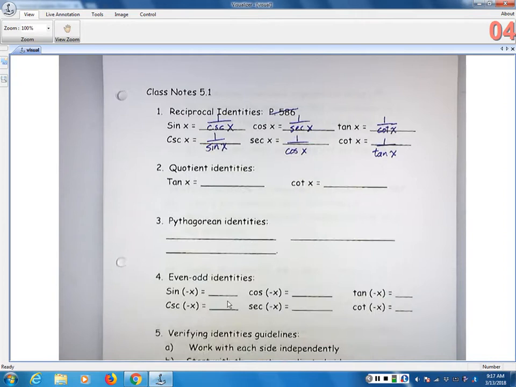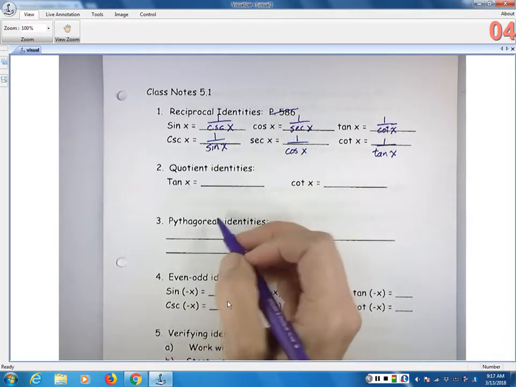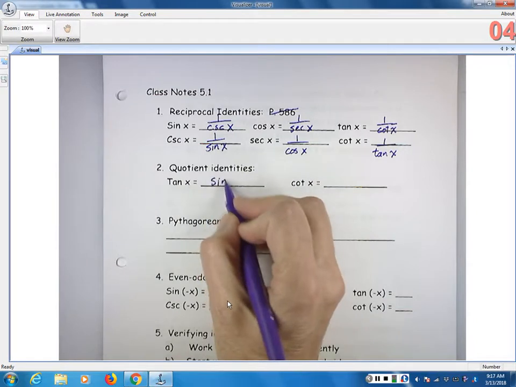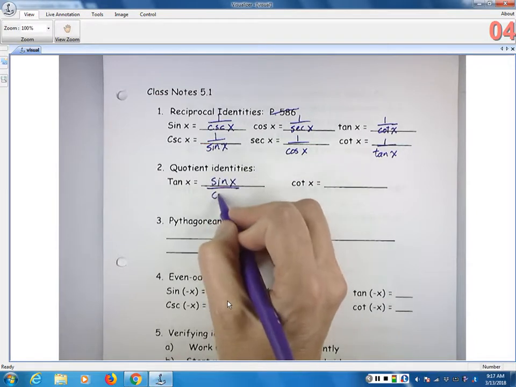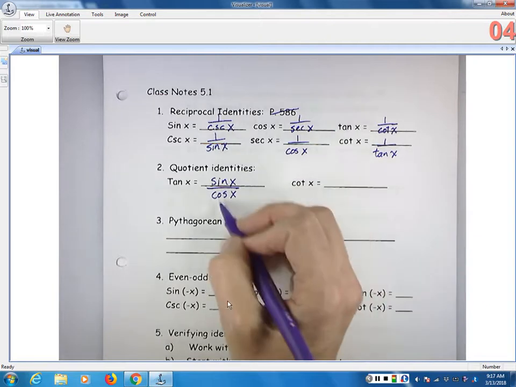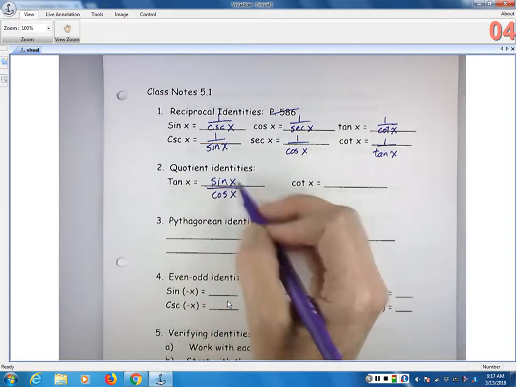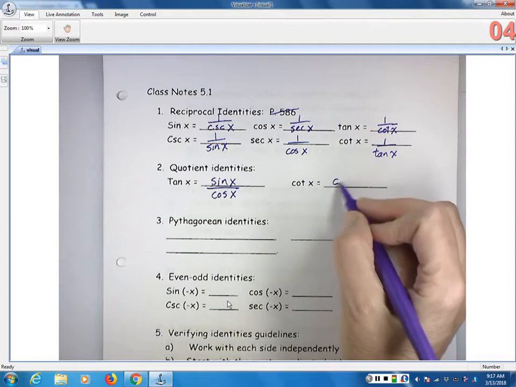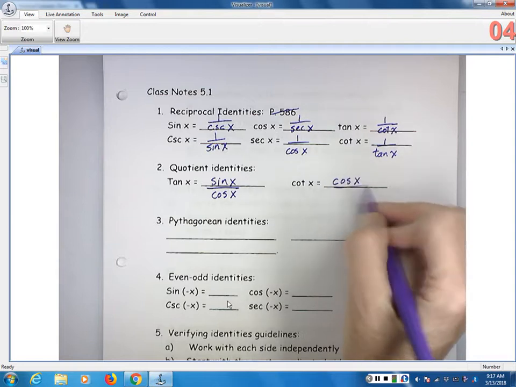That's how I remember it. The quotient identities: tangent is sine x divided by cosine x. Quotient means divide, so that's why we're writing it like that. Cotangent is the reciprocal of that, cosine x divided by sine x.